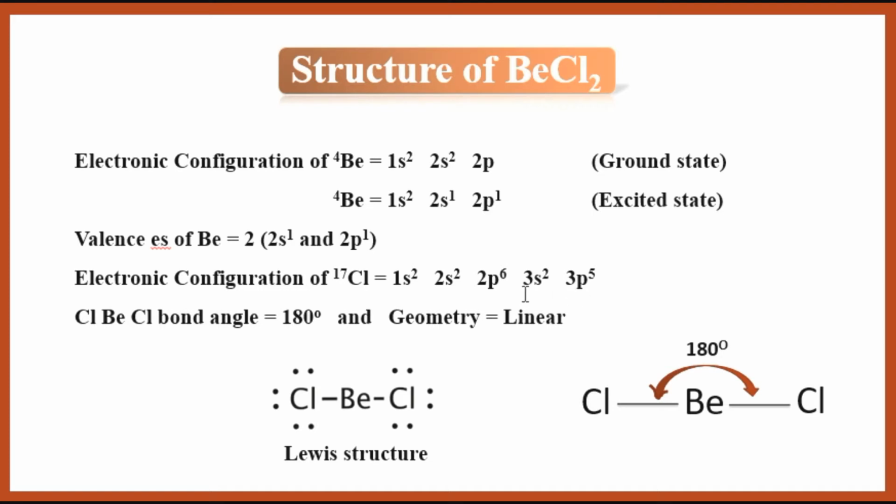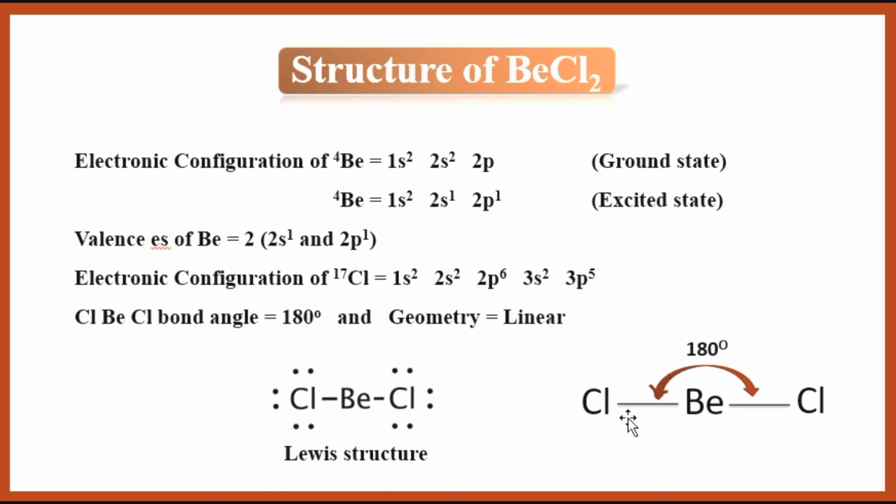The total number of valence electrons is 7 here. Every chlorine atom has the tendency to form one bond pair with beryllium. Hence, there are two bond pairs with chlorine, because one chlorine atom would make the bond pair with the 2s orbital and the other chlorine atom would make the bond pair with the 2p orbital.